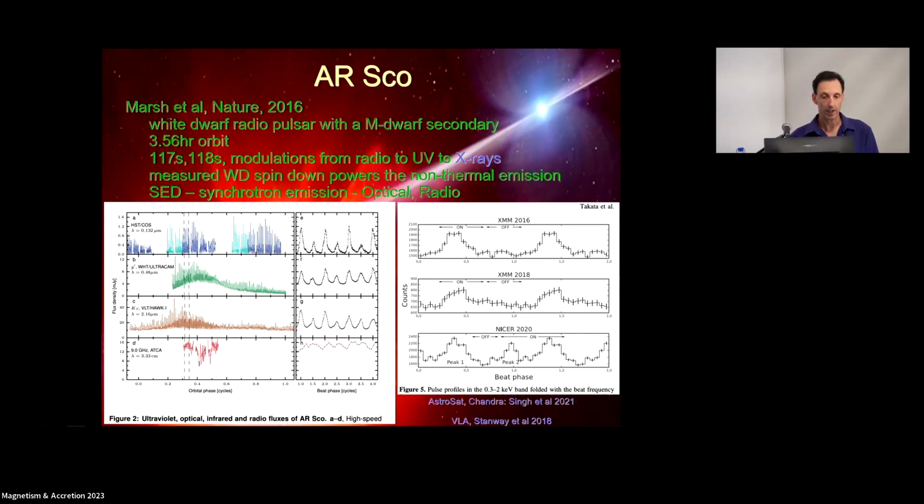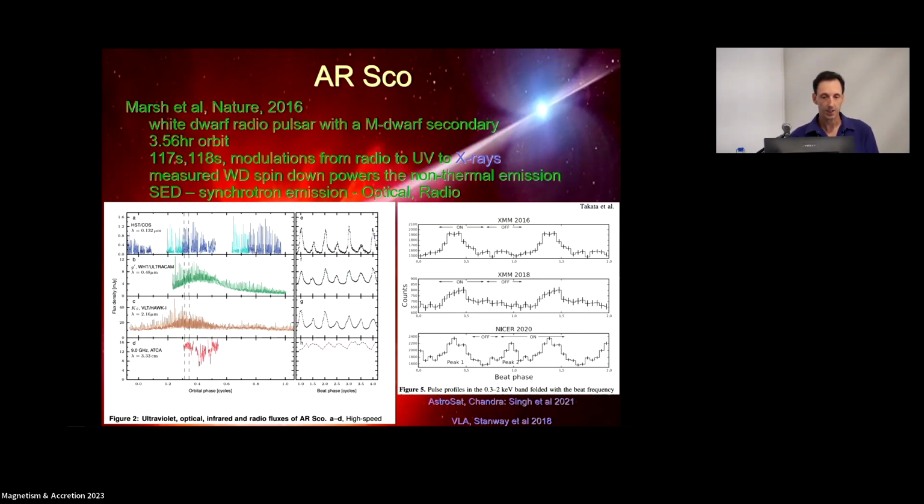Even though you can clearly see orbital and spin modulations in the photometry, from UV all the way through to radio, there's no sign of accretion. There are none of the normal characteristics of accretion you see in spectroscopy, like broad and variable emission lines.